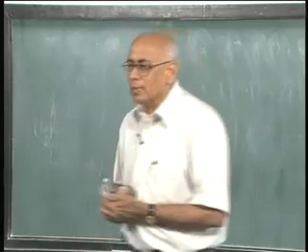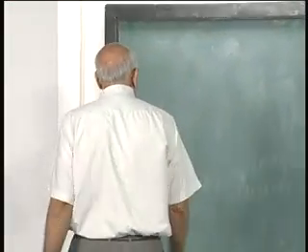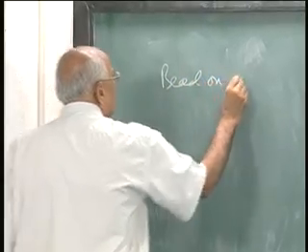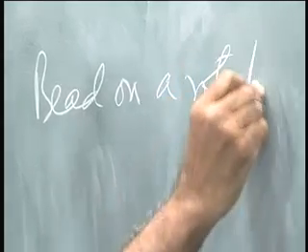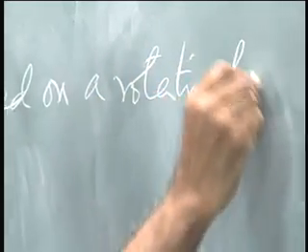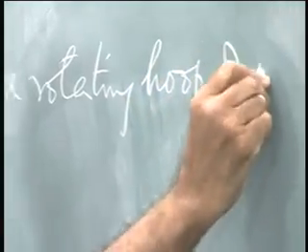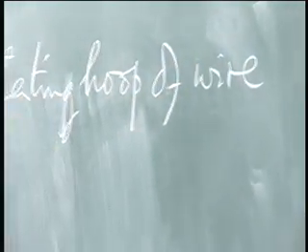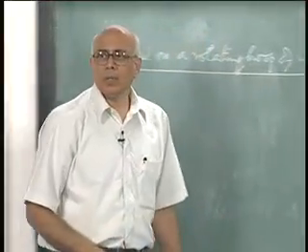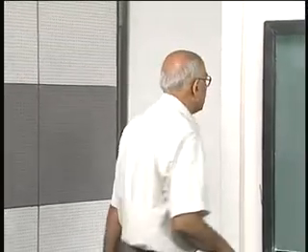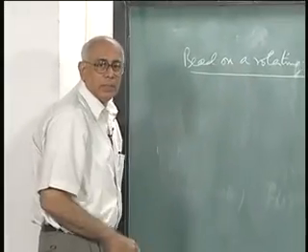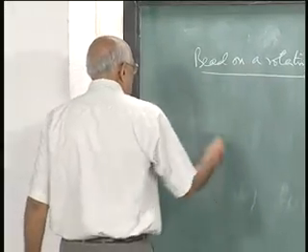So let us switch streams and look at a bead on a rotating hoop of wire. I promised I would do this long ago but never got down to it, so let us do that problem right away, and it will help us revise all that we know about the Lagrangian and Hamiltonian framework. So let us do this quickly.